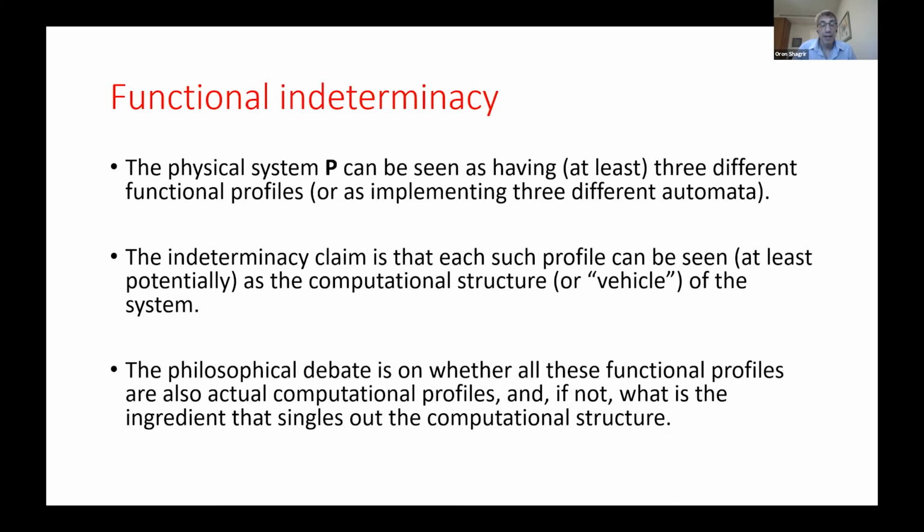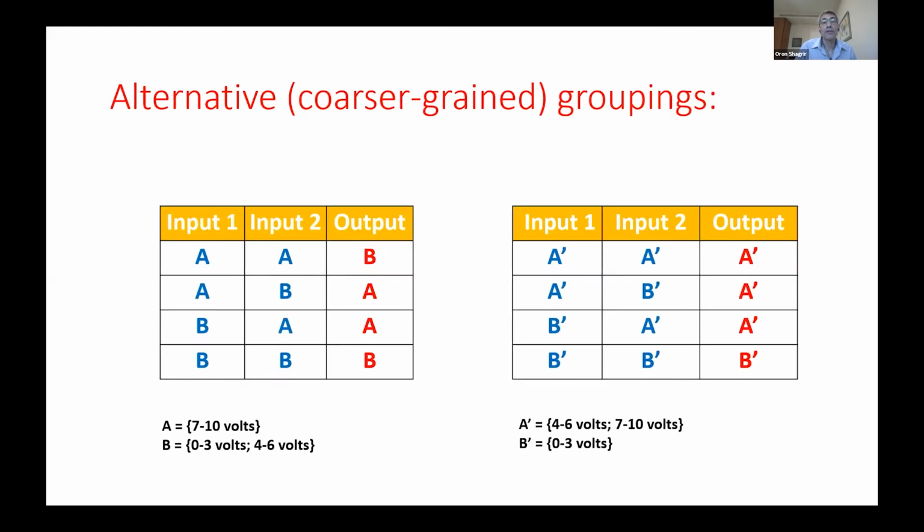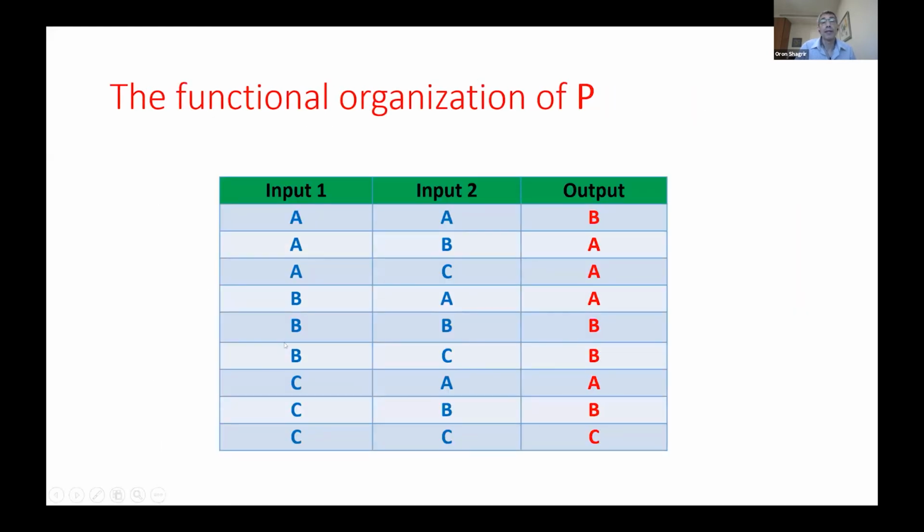So for instance, David Chalmers thinks that the system basically has all these computational structures. Other people think that it has only one of them, at least in a given context. So some people would say that the true computational structure of the system is only the more basic one.